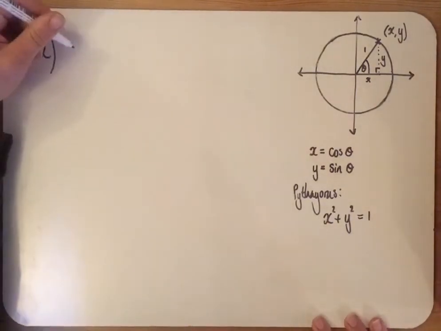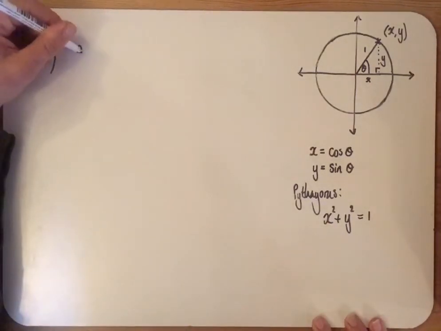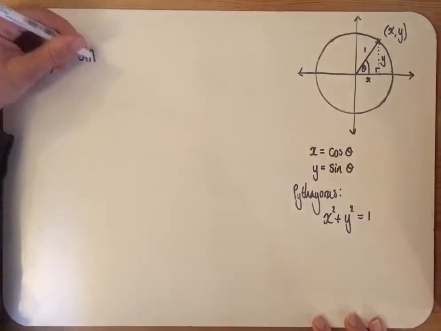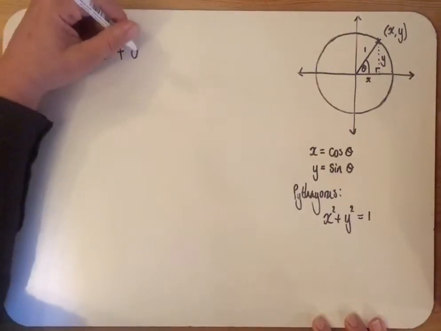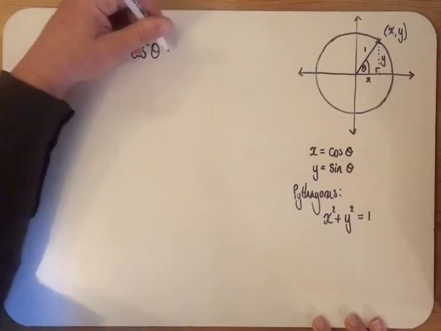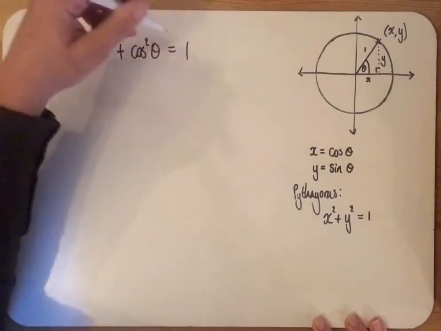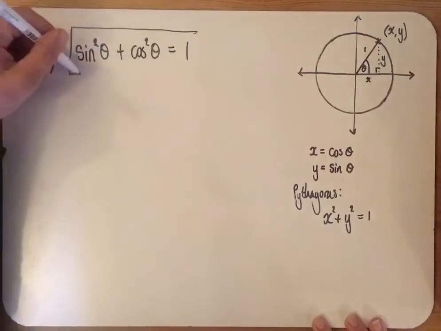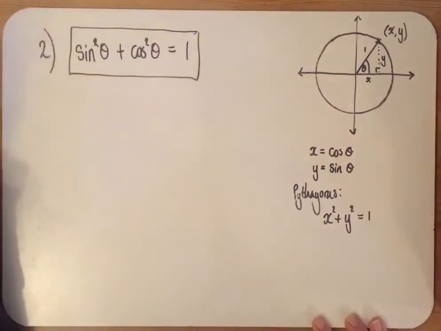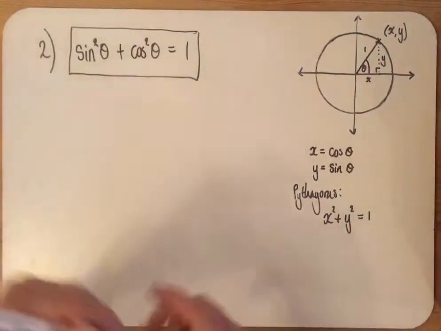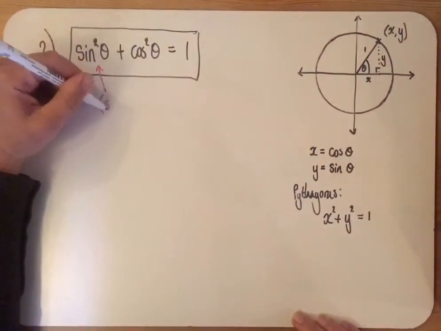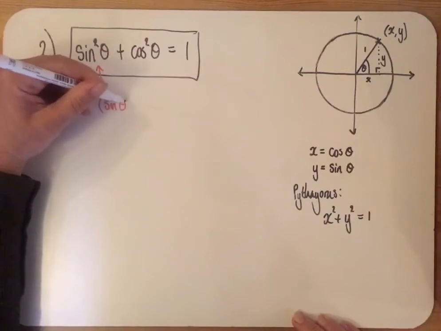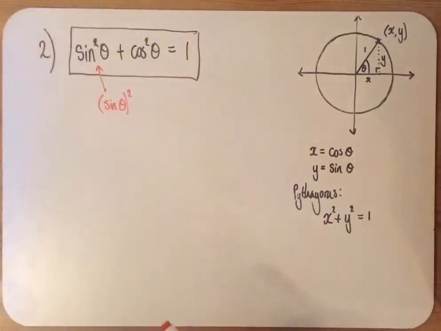So the second trig identity, we normally write it the other way around actually, is that sine squared theta plus cos squared theta is equal to 1, and that is true for all theta. This notation here means sine theta squared, it's just shorthand.